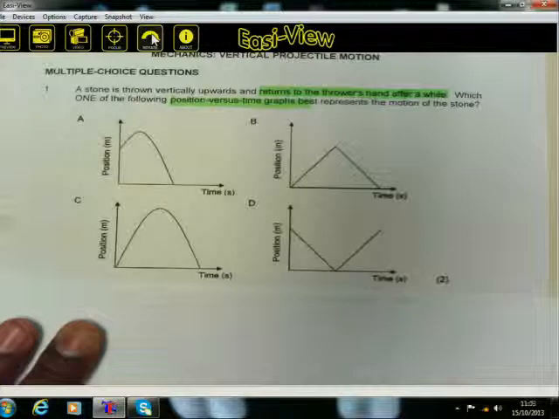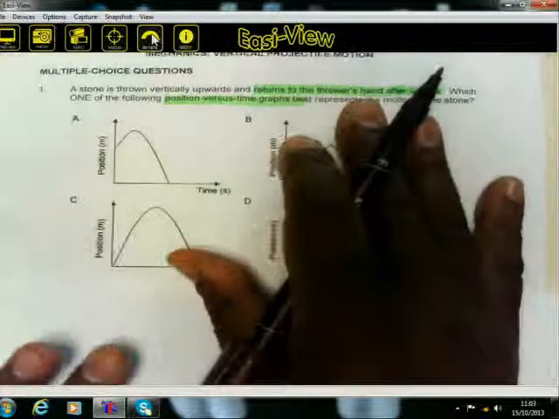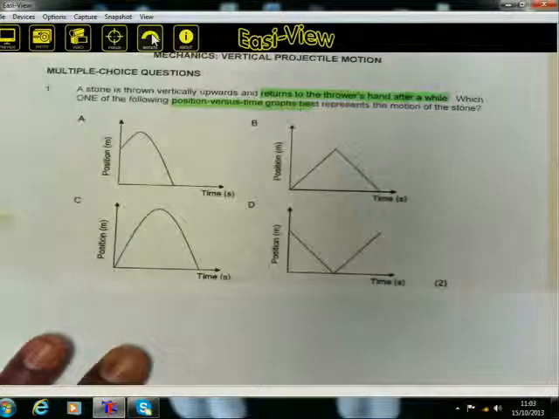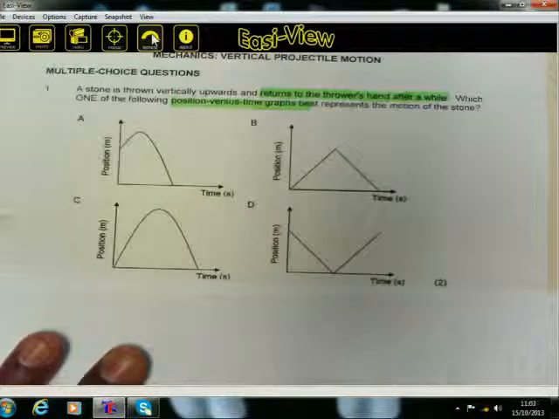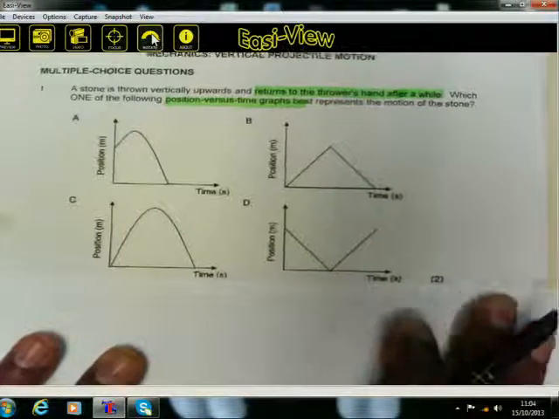Secondly, it is important when you do your calculations to determine the direction. Choose your own direction. If you choose up as positive, then you can work with that. Alternatively, if you choose your direction as negative, you can also work with that, but you will eventually come up with the same answer.